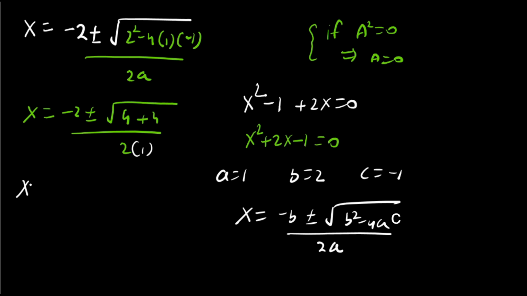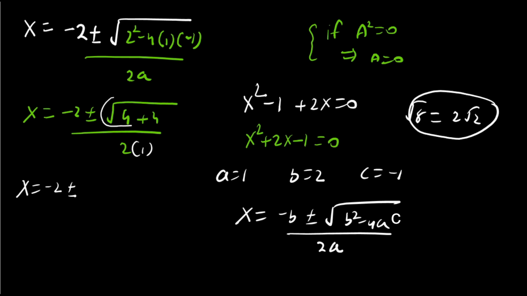Then x equals minus 2 plus or minus square root of 4 + 4, that is square root of 8, and we know that square root of 8 is the same as 2 times square root of 2. Then 2 times square root of 2 divided by 2.